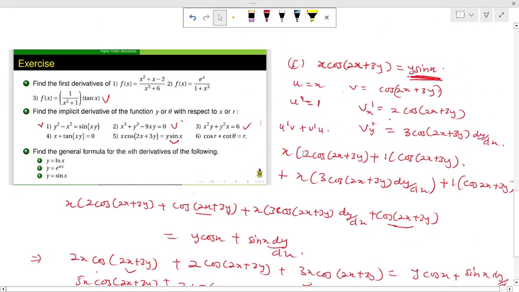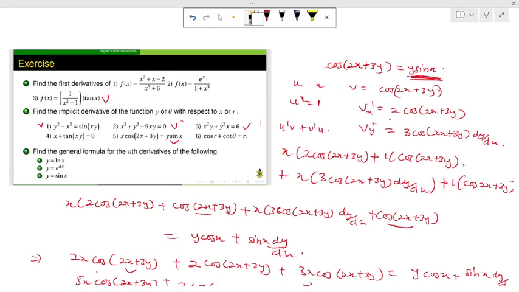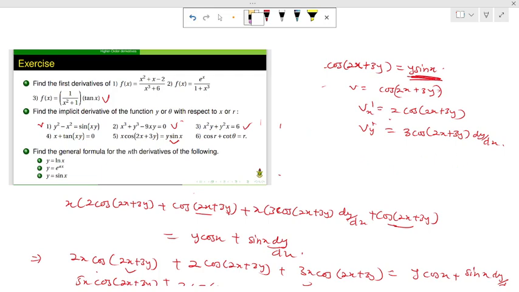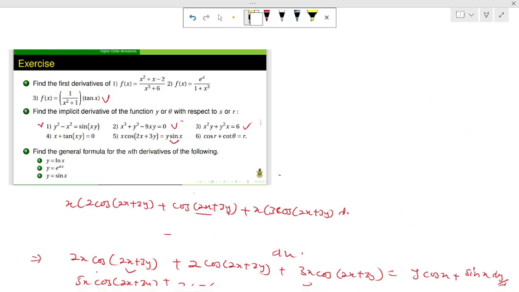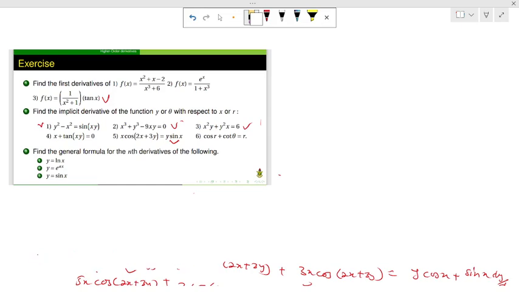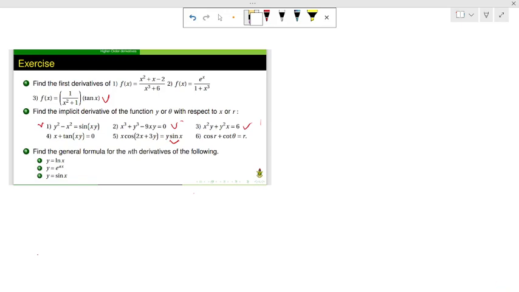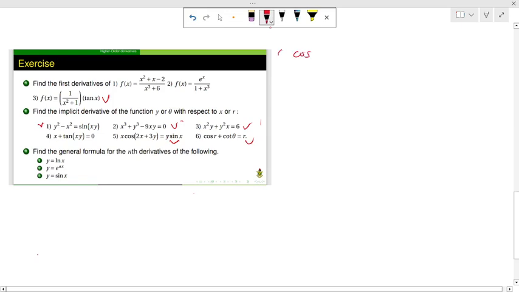Let's quickly move to the next one, which is this. Okay, so now let me move to the last one, which is the sixth one.